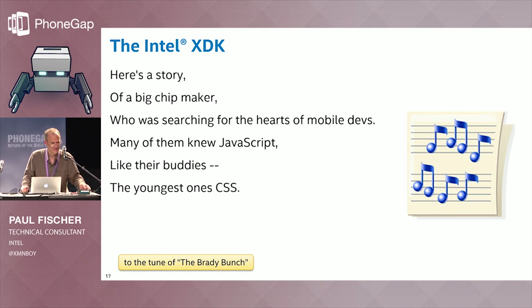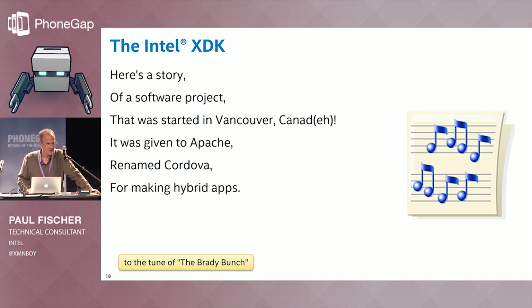Here's a story of a big chip maker who was searching for the hearts of mobile devs. Many of them knew JavaScript like their buddies, the youngest one, CSS. Here's a story of a software project that was started in Vancouver, Canada. It was given to Apache, renamed Cordova, for making hybrid apps.